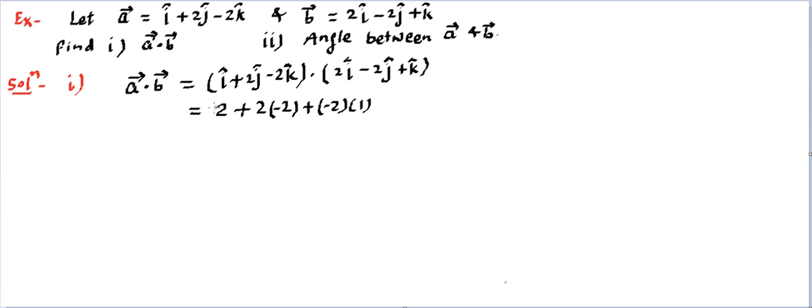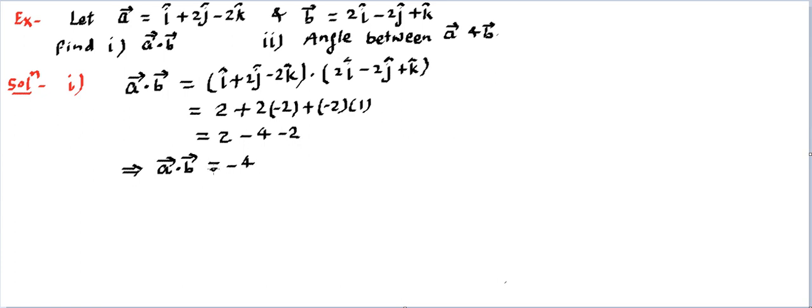So this is going to be a1 b1 plus a2 b2 plus a3 b3. If you remember that, it's simplified and we can get our answer. So it's going to be 2 minus 4 minus 2. That means A dot B is going to be equal to minus 4.